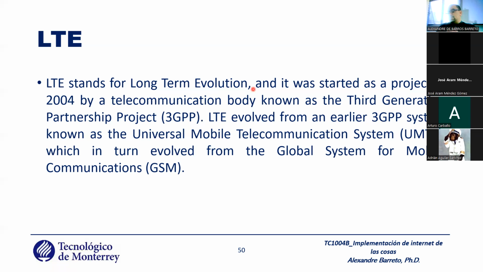And the people said, okay, but now you have IoT, you have many millions of devices that you need to connect. So they took part of the specification, simplified it, changed the specification of the 4G and created the LTE. The LTE is a subset of the 4G that fits better to IoT devices.